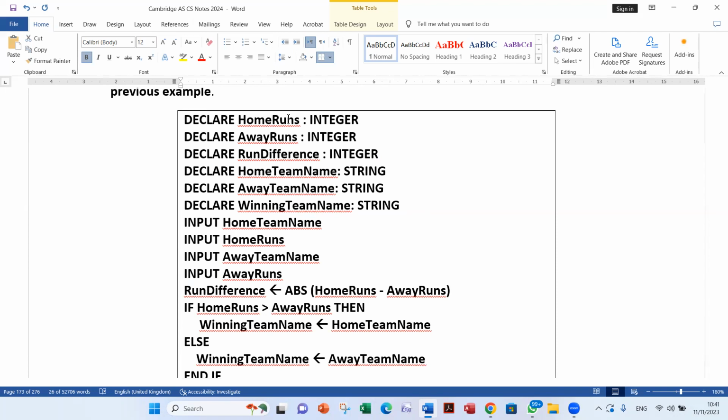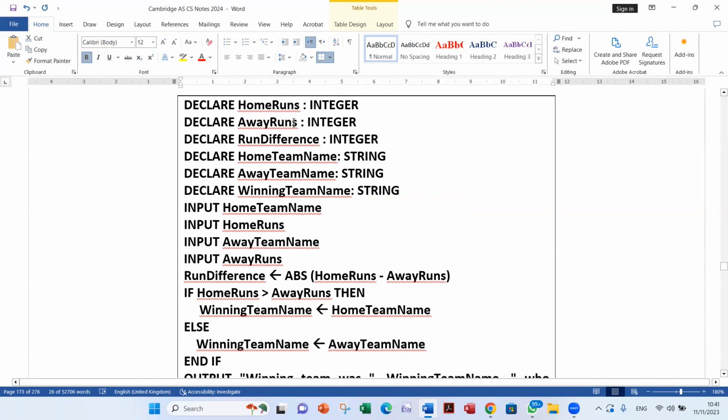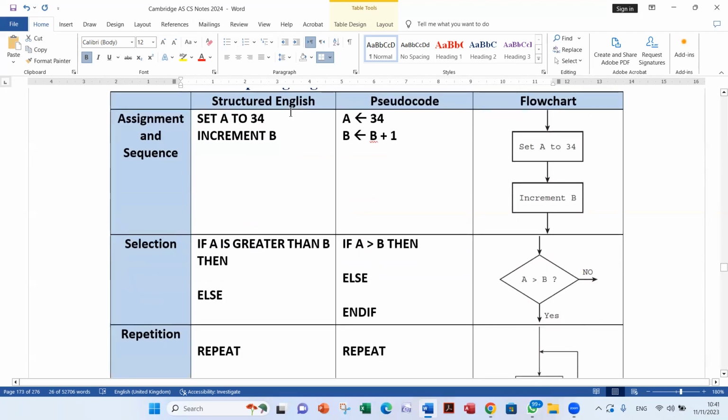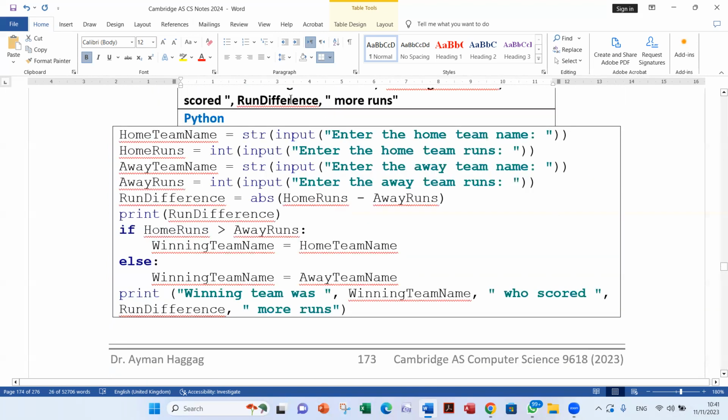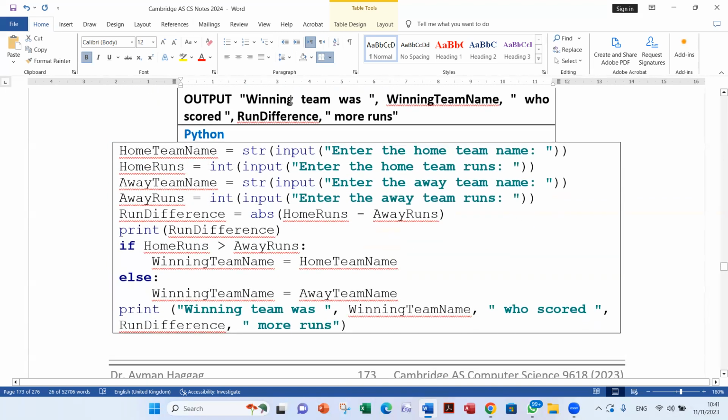In your paper 2 AS exam, you are only allowed to write structured English, pseudocode, or draw flowcharts to express your algorithm. You are not allowed at all to write Python. You are not allowed to write a programming language.